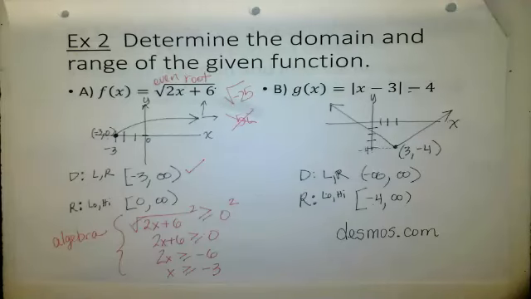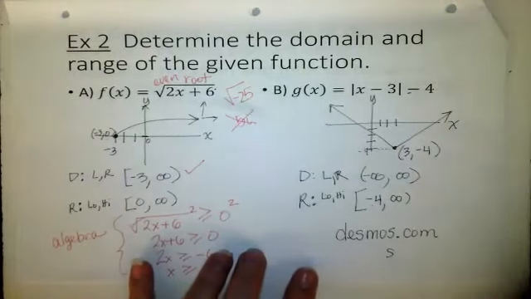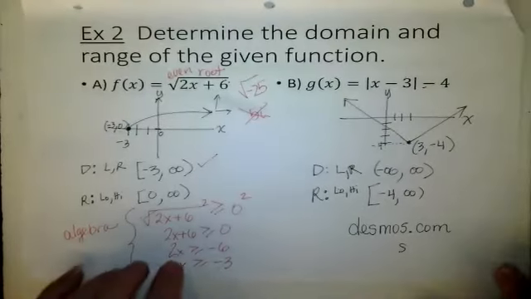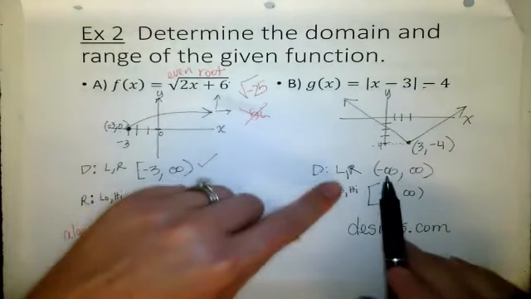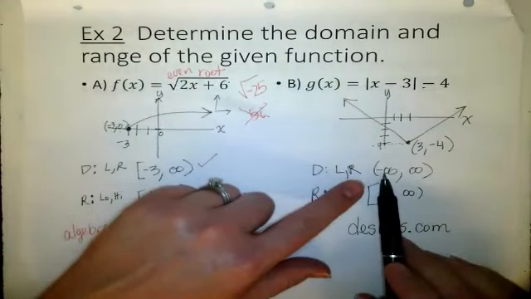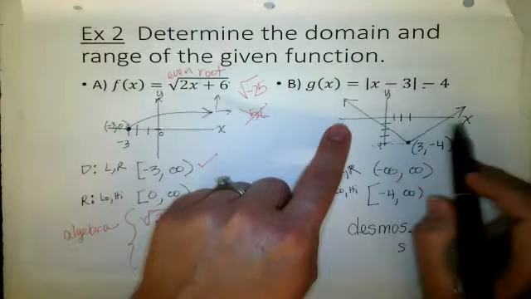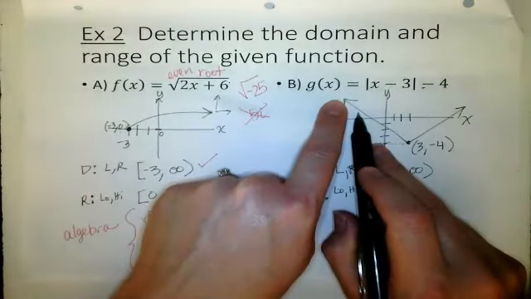For S, do you start at the bottom or the top? You have a question? What's the question? So for the domain for B, why is it negative? So then should it be just 3? Why is the domain that? So we look at the x-axis. This arrow means what?